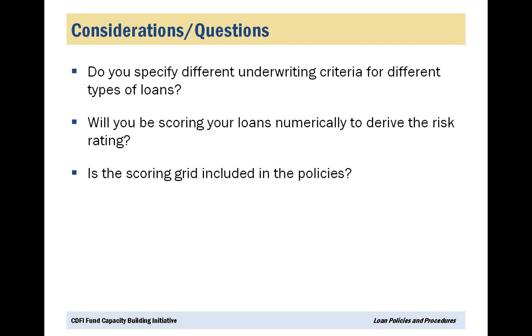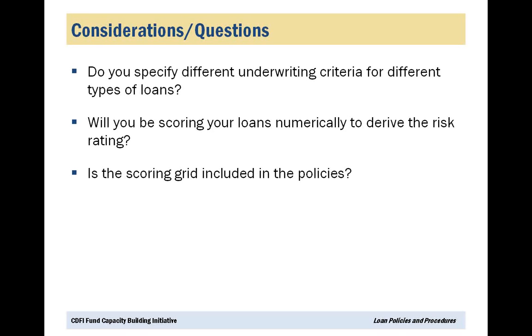And you also might want to have a category about borrower eligibility criteria. This is the area where you would put it if you're going to have a minimum loan to value or debt cover ratio, or how long a business has to have been in existence before you'll consider it for a loan. This is that section.